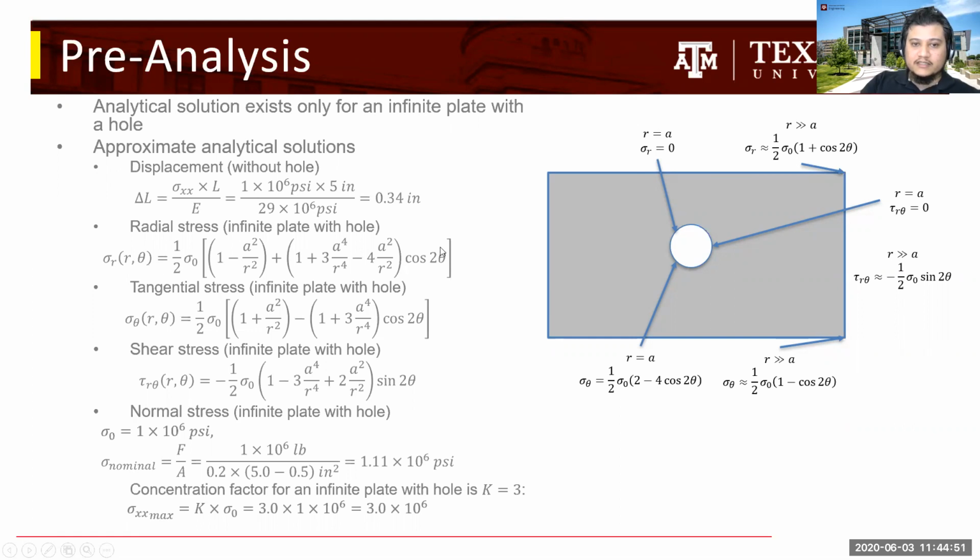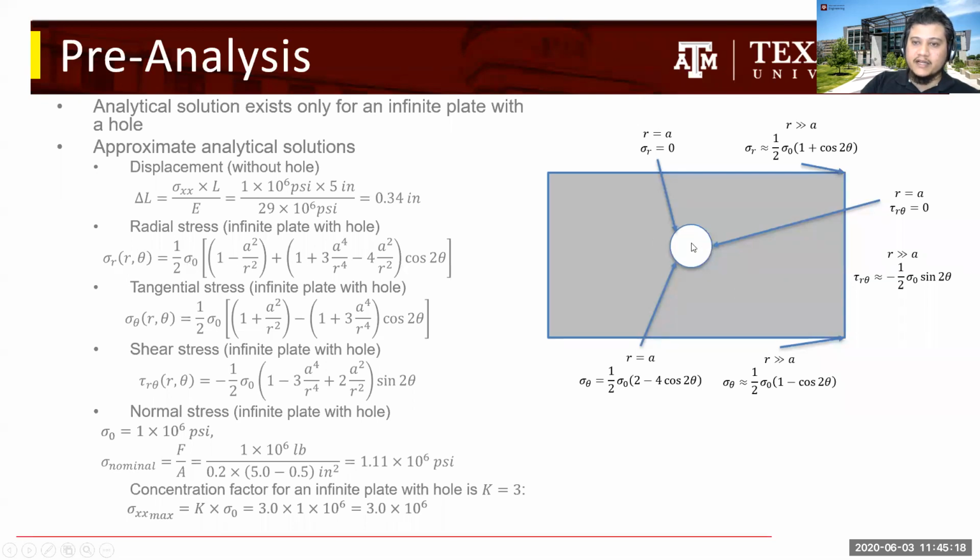And this is the relationship for the radial stress. Keep in mind that all of these relations are for the case where we have an infinite plate and a hole at the center. The value of sigma naught is the nominal stress way away from the hole, which is the applied stress on this plate. A is the diameter of the hole.